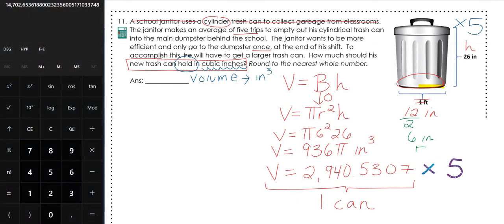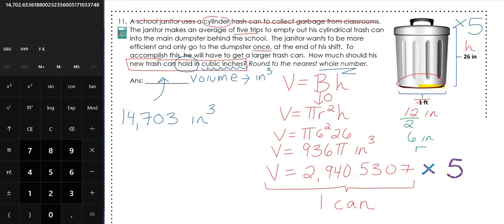Let's round it. What does it say to round to? It says round to the nearest whole number. Okay, whole number means you're not going to put a decimal. So the 2 is either going to round up to 3 or it's going to stay at 2. Looking next door, the 10th place, the 6, says the 2 should round up. So our final answer that you're going to put right here is going to be 14,703 inches cubed.